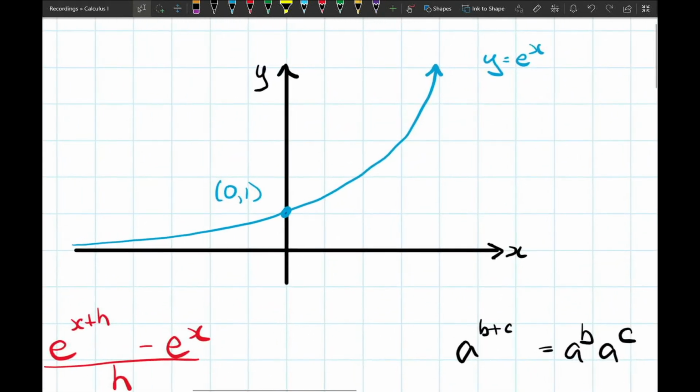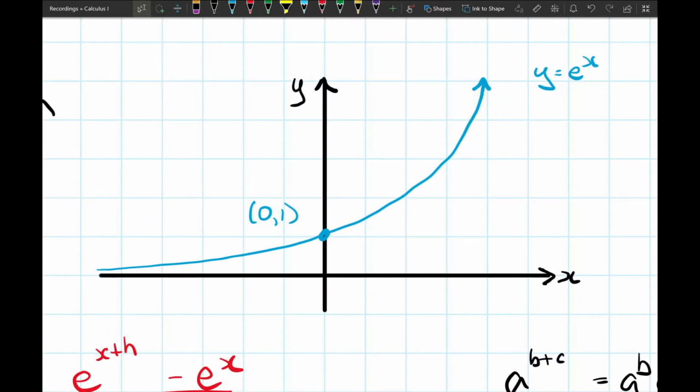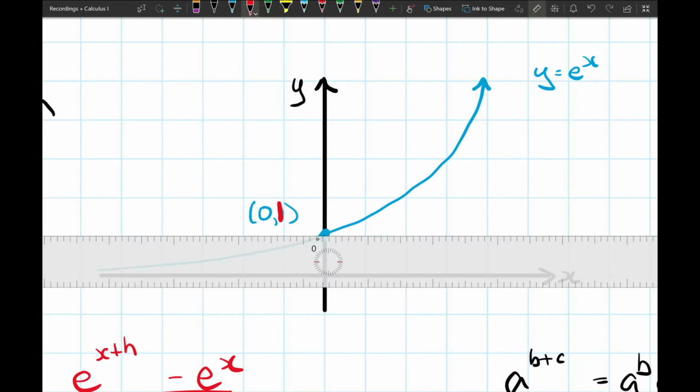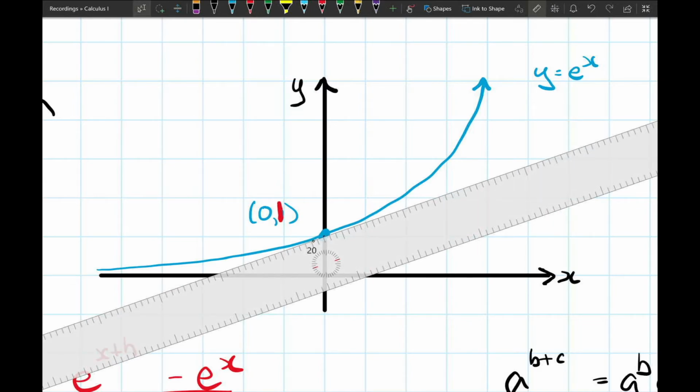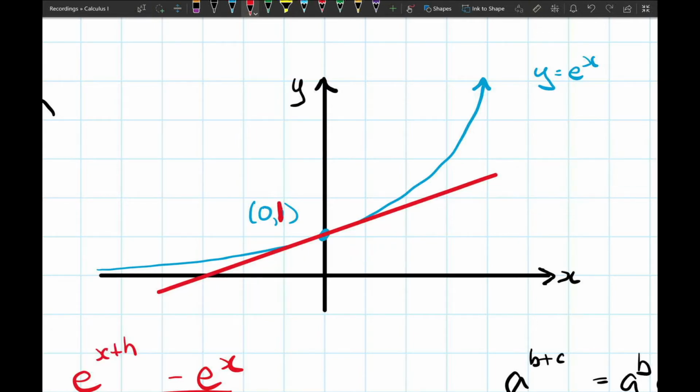So, at the point (0, 1), if we plug in 0 into this function, we get a y-coordinate of 1. And as a result, the slope of this tangent line is also equal to the value e to the 0, which is 1. So at that coordinate (0, 1), we have a slope m equals 1.